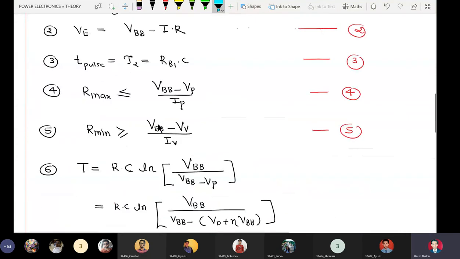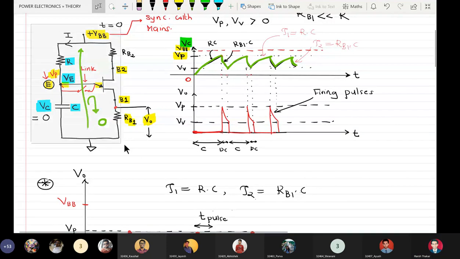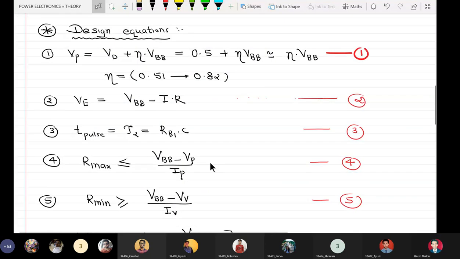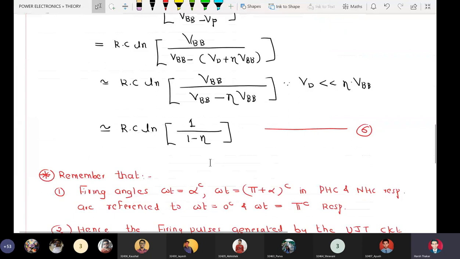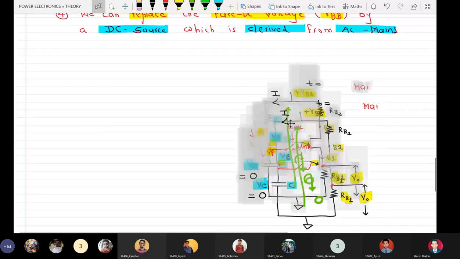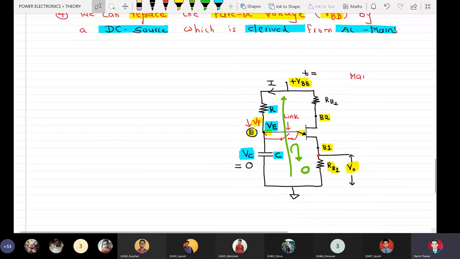So now what I will do is copy and paste this circuit, and it will be preceded by a DC source which is derived from AC mains. I will remove all unnecessary things from here.